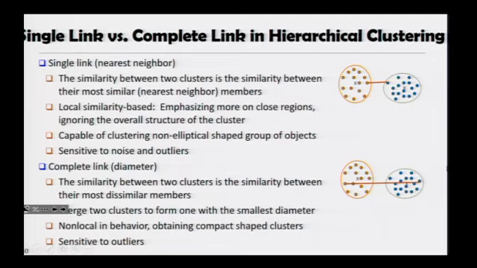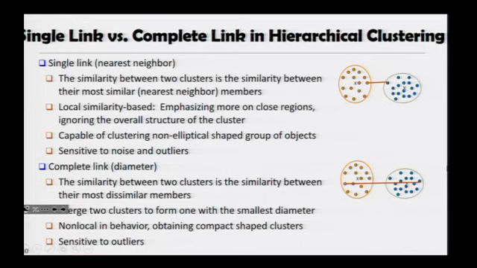By this definition, it's easy to see that it works in a very local manner. No matter how these clusters are shaped, maybe a rectangle, triangle, circle, or any kind of shape, the single link definition doesn't care too much about their shape.